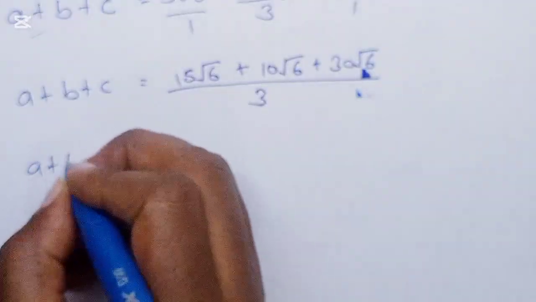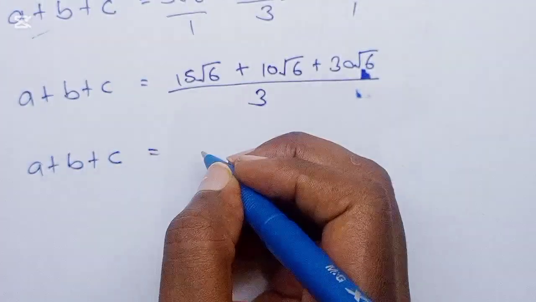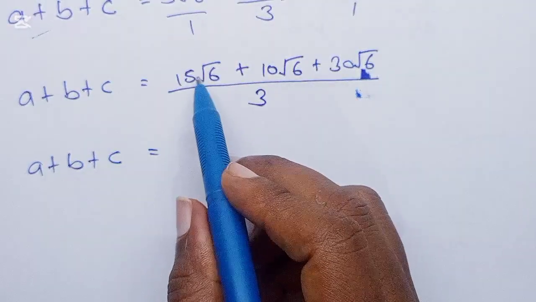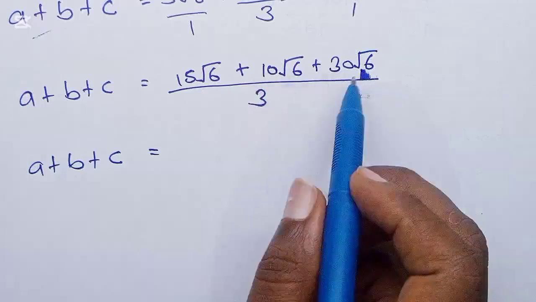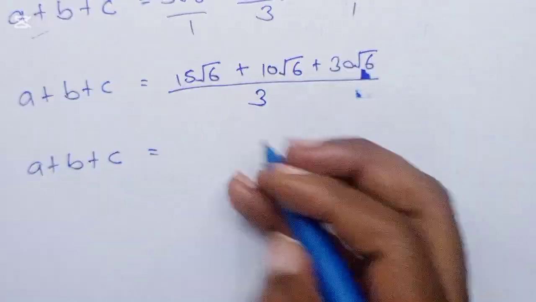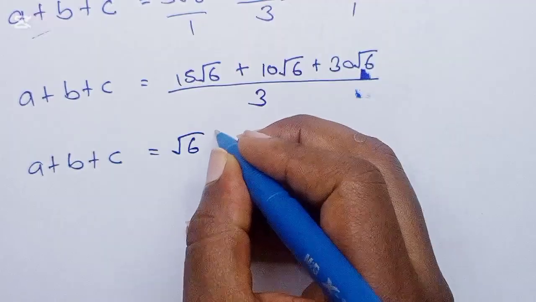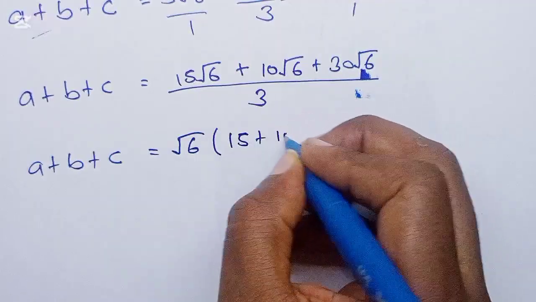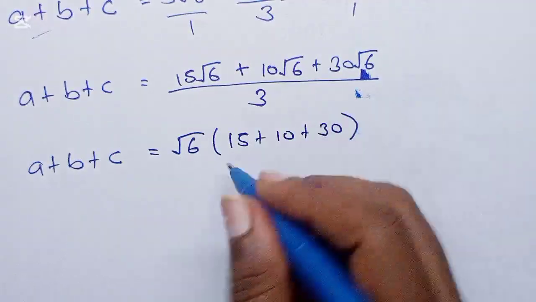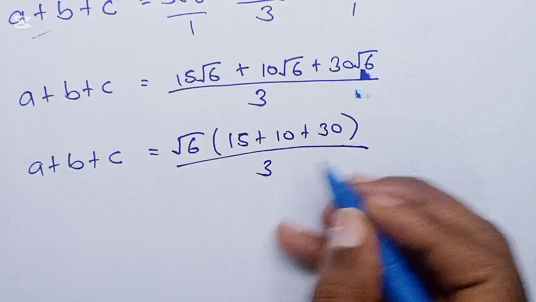So A plus B plus C is equals to, since they all have root 6, we shall factor it out. I shall be left with 15 plus 10 plus 30, all over 3.